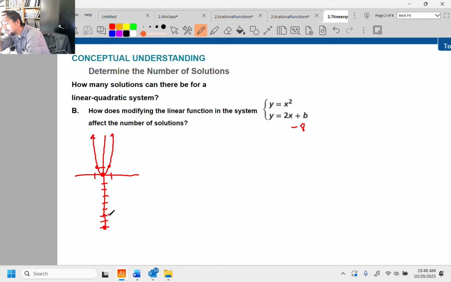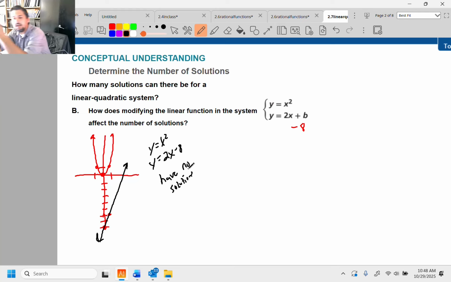And they would rise 2 and run 1. If you change b in such a manner, we discover that y equals x squared and y equals 2x minus 8 have no solutions. So by moving that line up and down, you can directly influence the number of solutions that these two things have.